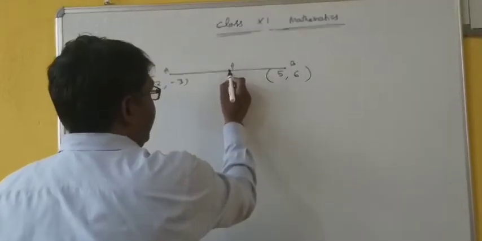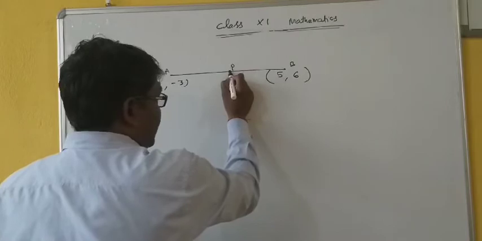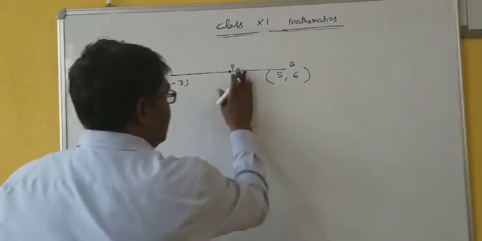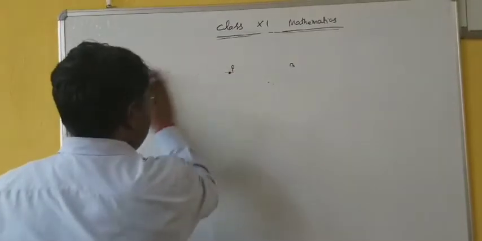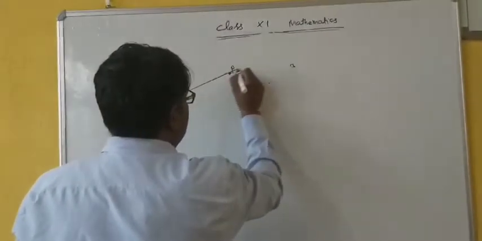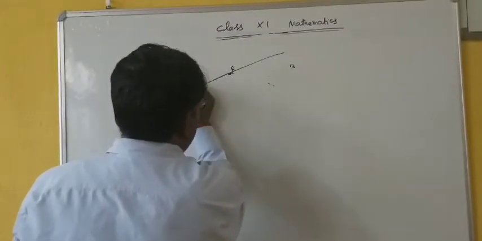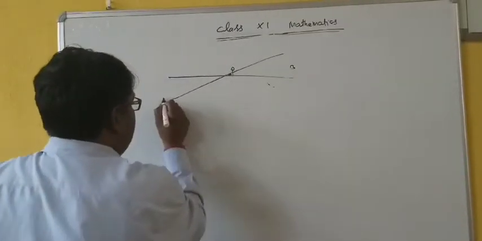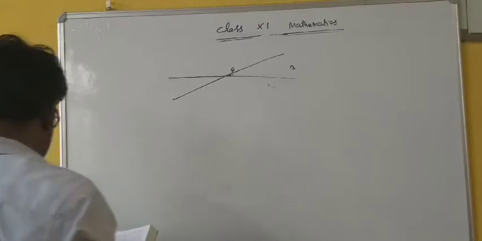Here suppose the x-axis is there. Let the line be like this, and this is your x-axis. Okay. So let these be the coordinates.